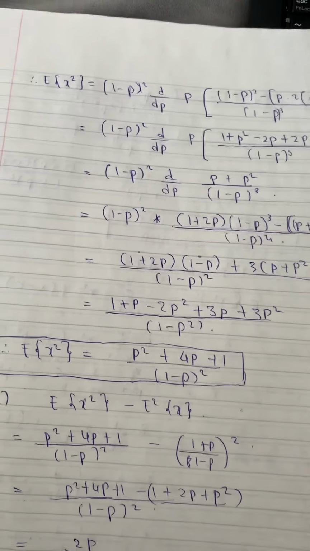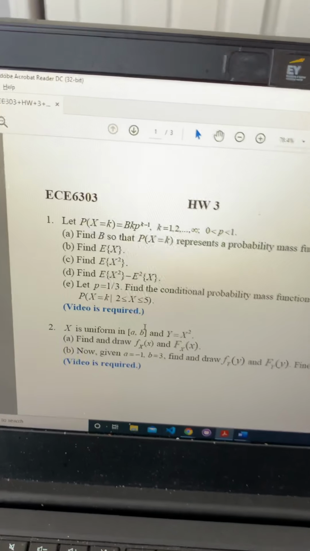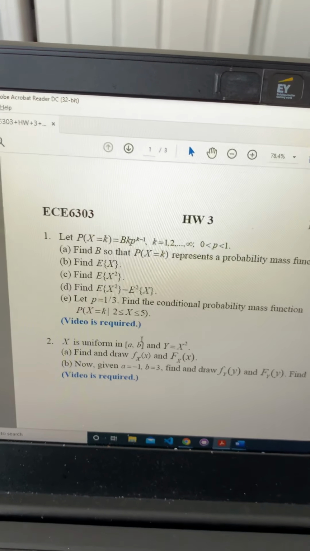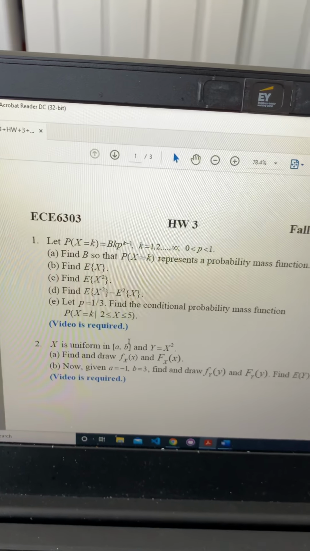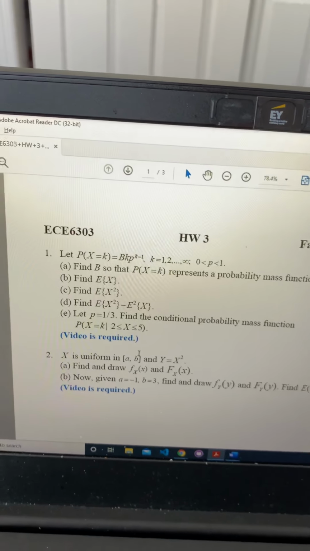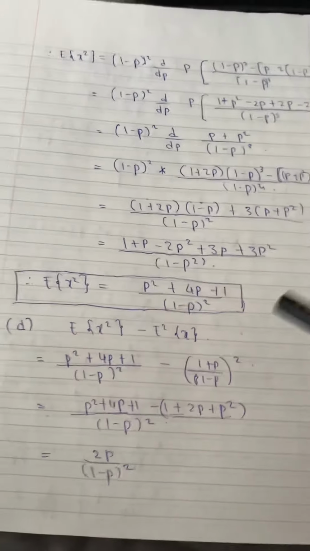So b part we have solved. So c part is not that difficult. For c part, we just have to find out the difference between the estimated probability of x square minus the square of the estimated probability of x. So we have both the terms.